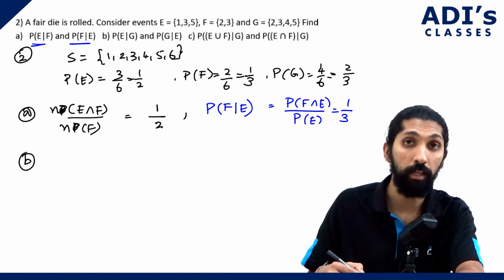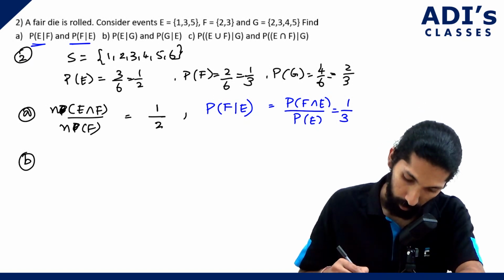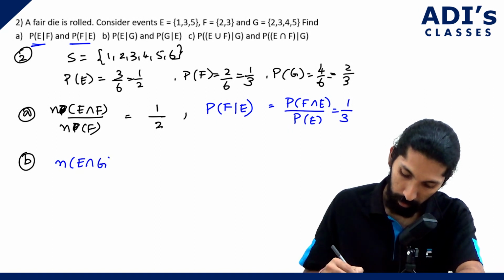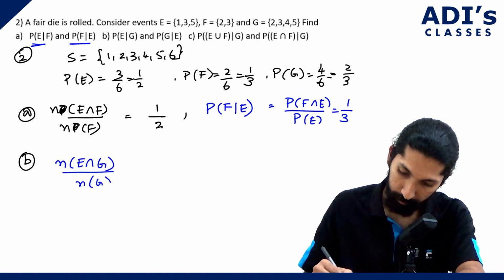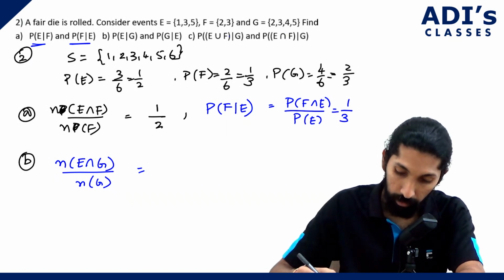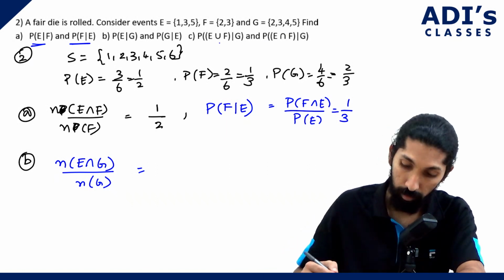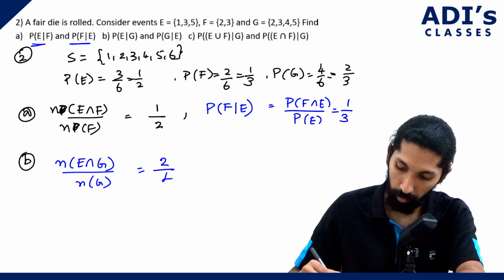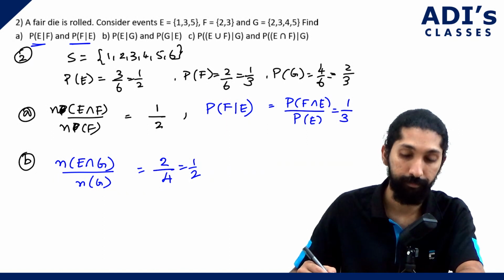P of E given G. That's nothing but n of E intersection G divided by n of G. Intersection of E and G, we have 3 and we have 5. So we have 2 of them divided by 4. Half.